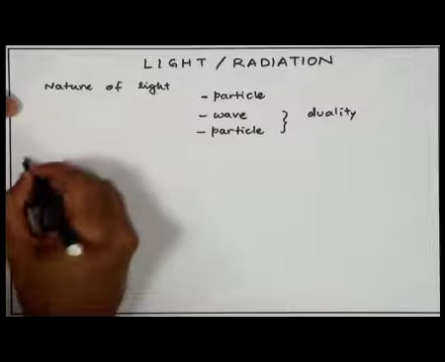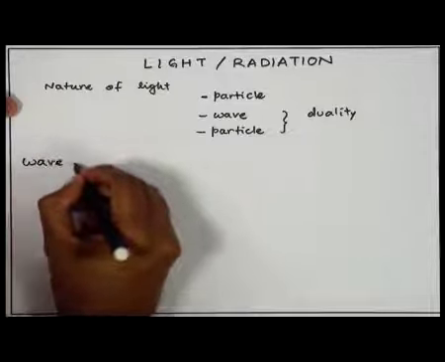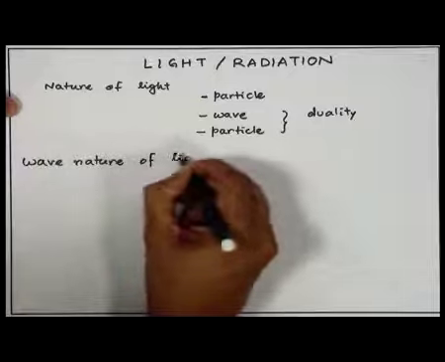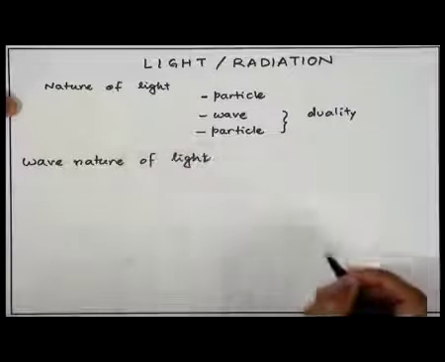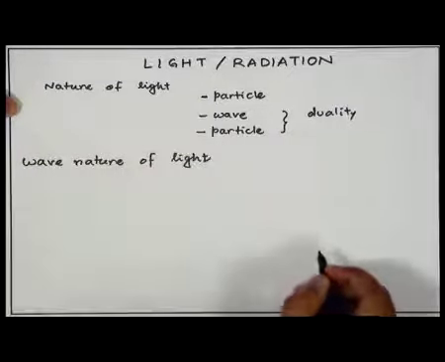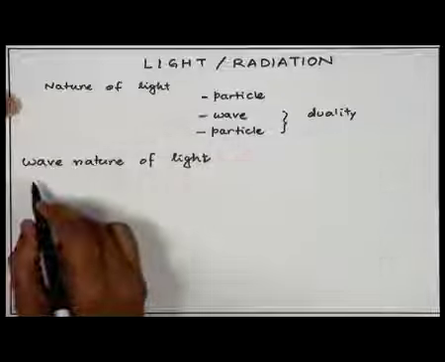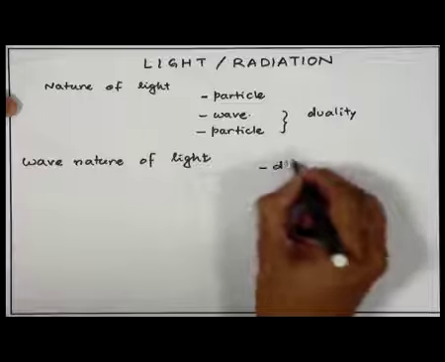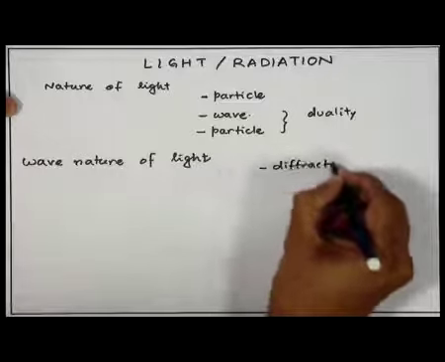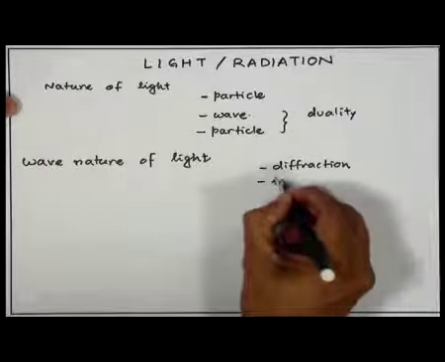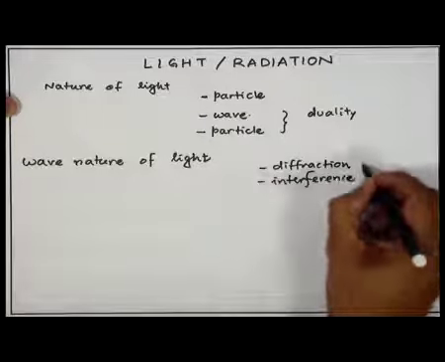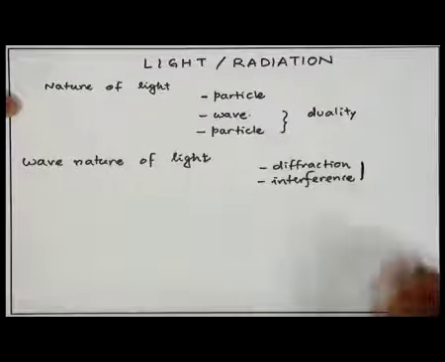All right. We will first spend some time discussing the wave nature of light. As I said, light was believed to be a wave because it showed diffraction and interference, and these features are typically seen in waves.